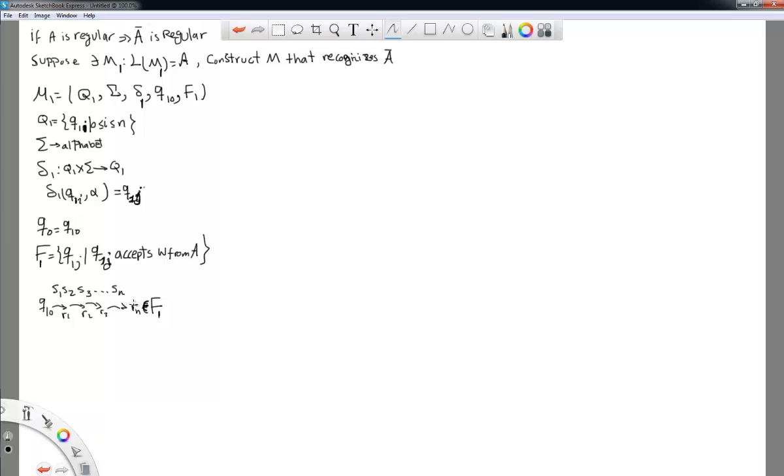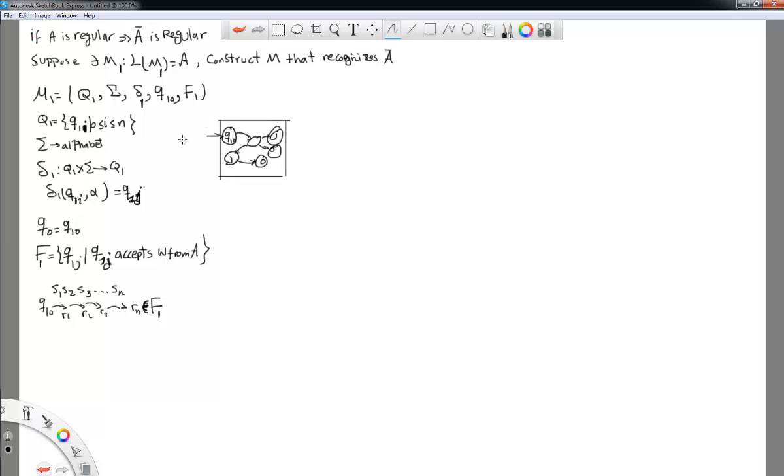Okay? So if you want to look at this automaton and see how it looks, it's going to look something like this. It's going to have a start state, let's say Q1,0, and then it's going to go into a bunch of states, and then it's going to end up in some accept states, right?